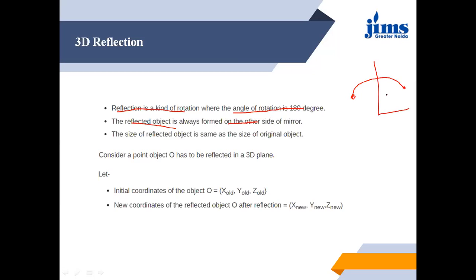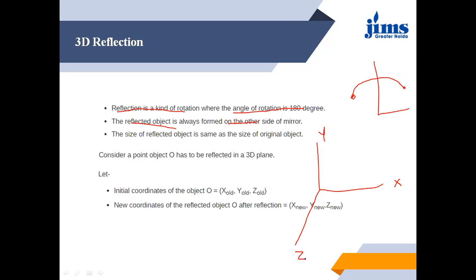So this was when we were trying to understand the thing in 2D. Suppose we want to discuss this thing in 3D. Suppose this is axis x, this is axis y, and this is axis z.